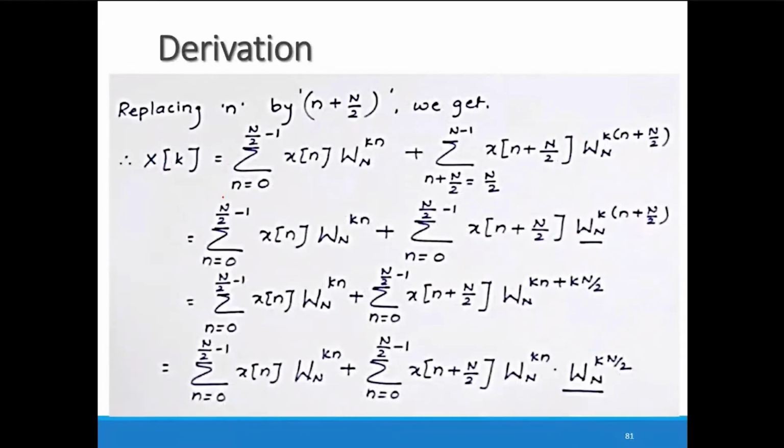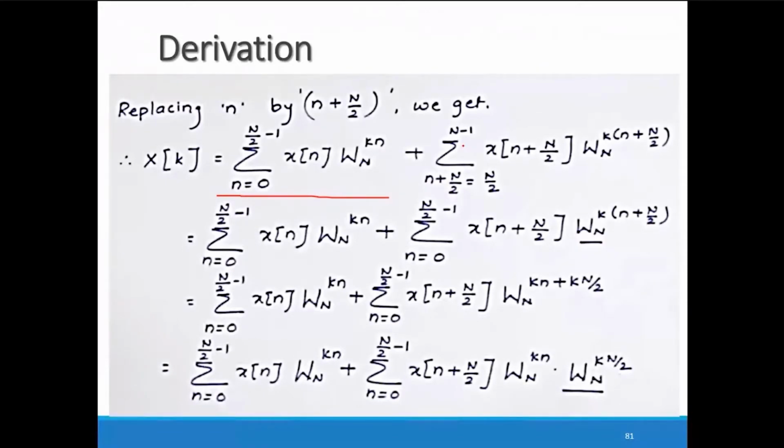the first equation remains as it is. That is X of k is equal to the summation, sigma n is equal to 0 to N by 2 minus 1, x of n omega N raised to kn. But in the second term, as you are applying, n is equal to n plus capital N by 2. So n plus N by 2 is equal to N by 2 to N minus 1.